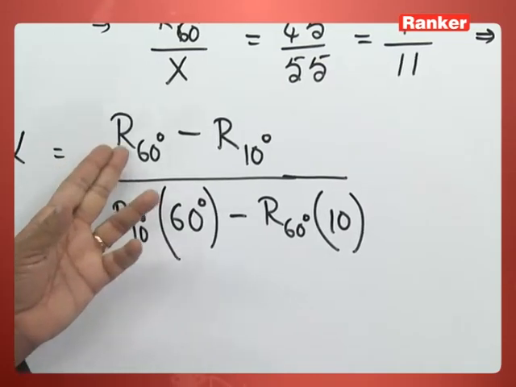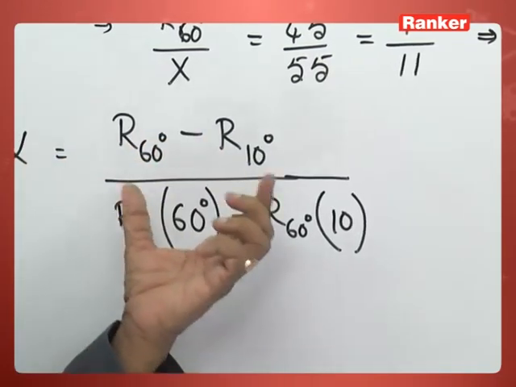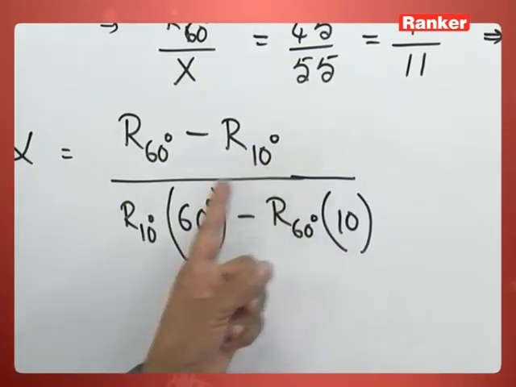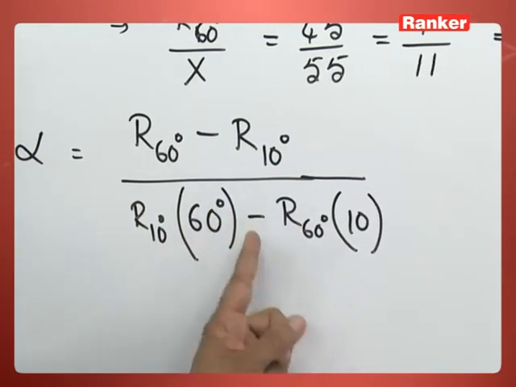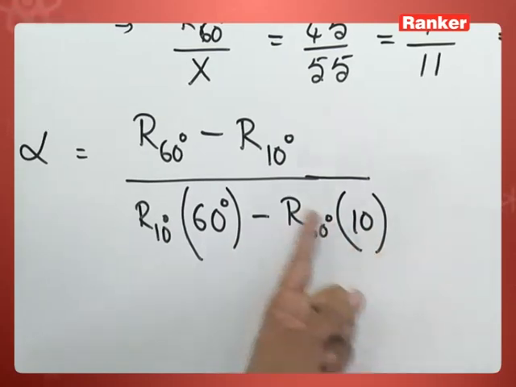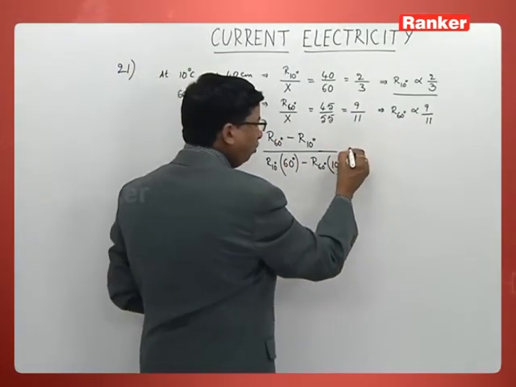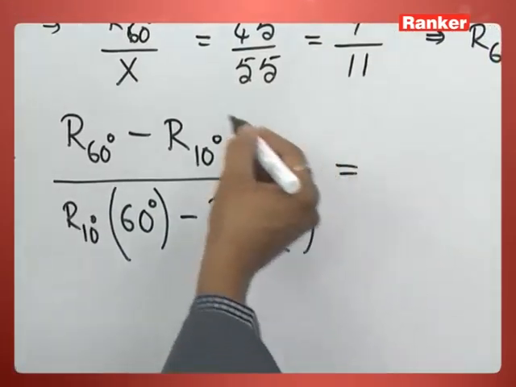You can understand the equation I have taken up: alpha equals R2 minus R1 divided by R1 T2 minus R2 T1. That is the formula. Now we can directly write the values.